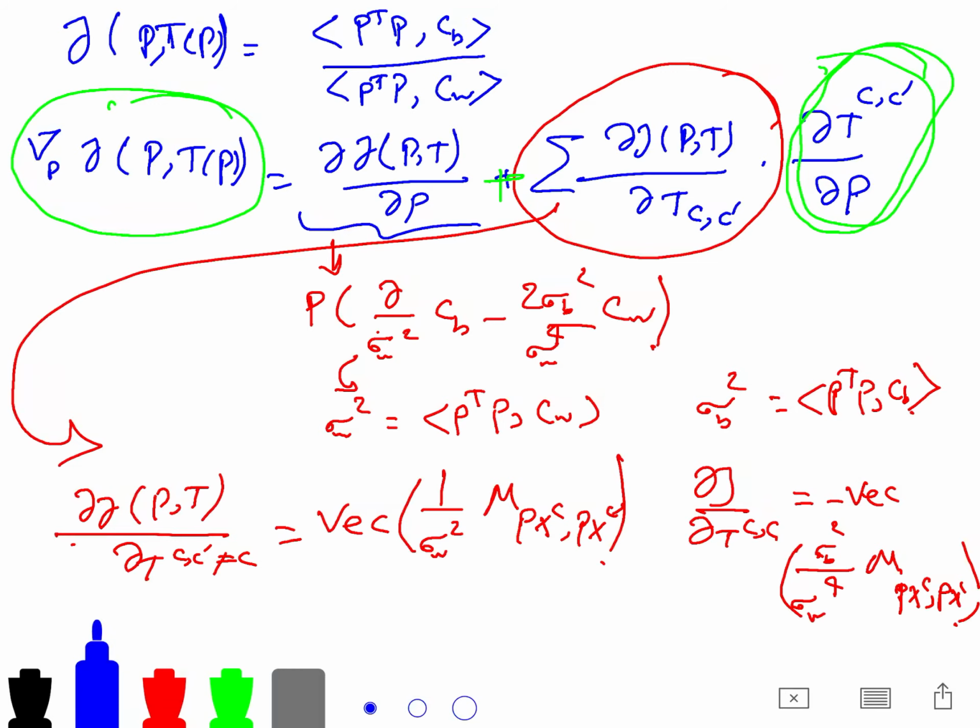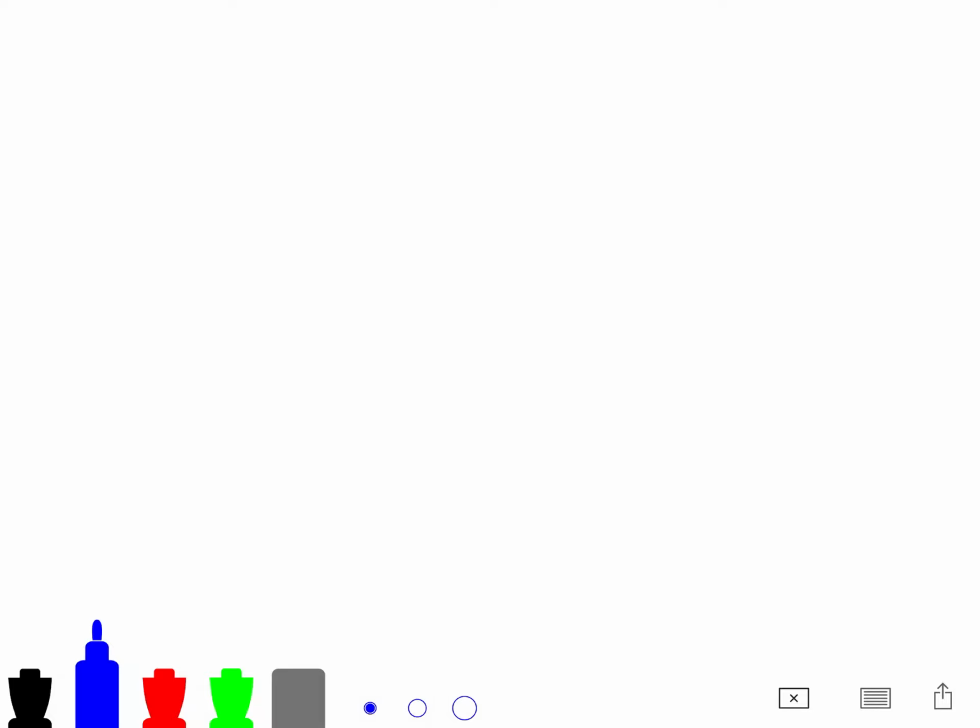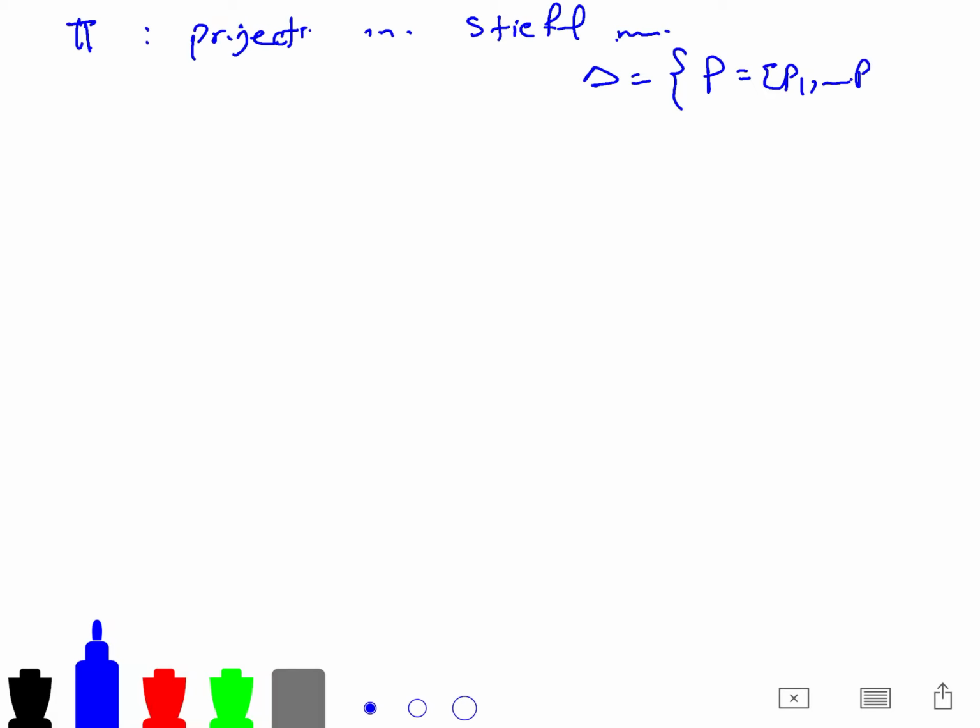And now we are ready for projected gradient descent for solving that. So we require, first, a projection on the Stiefel manifold. You know, the Stiefel manifold is just those matrices that we are interested to find.